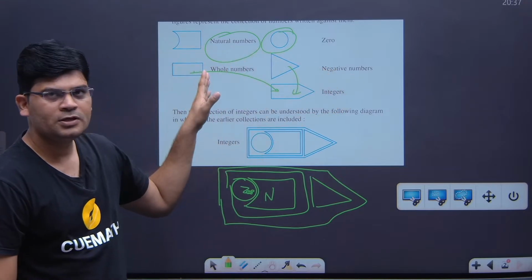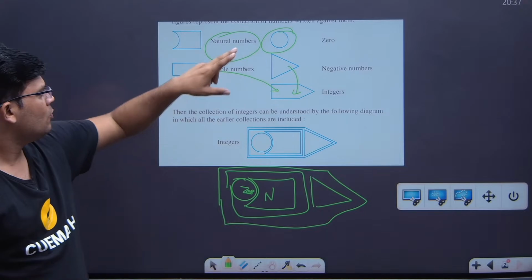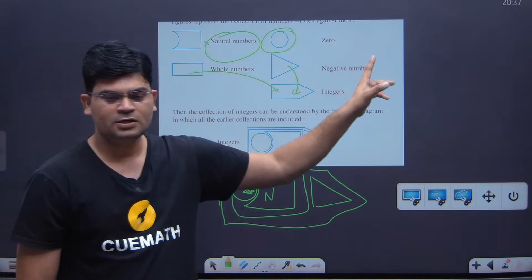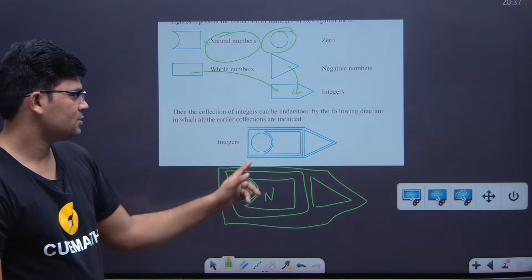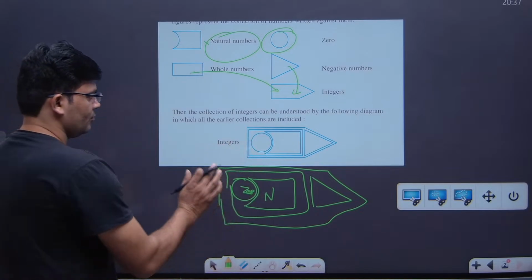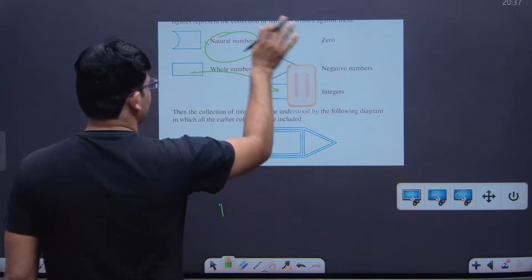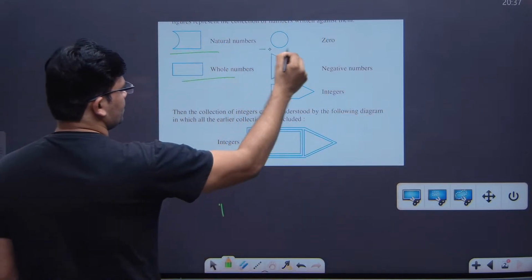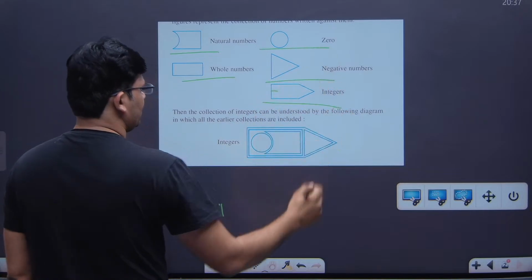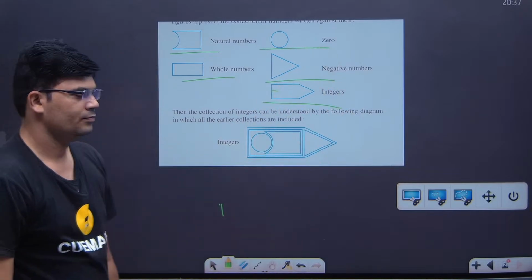In whole numbers also there are two boxes. One is natural numbers and one is 0. Understood? I want you to make this diagram. Make this diagram and write down the shapes and their symbols as well.